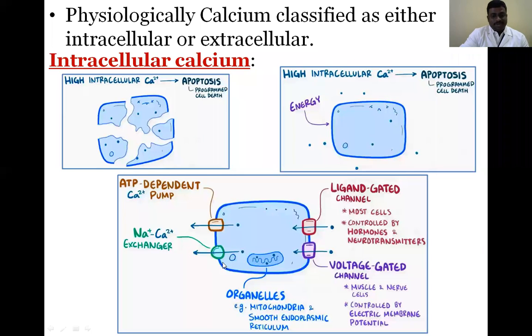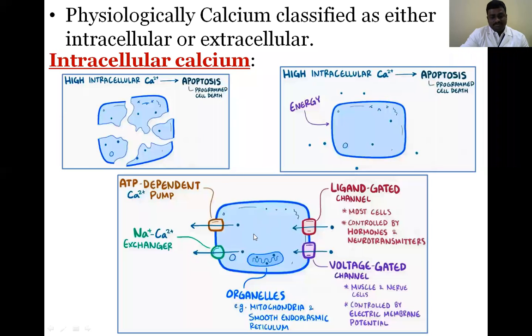Here it depends on two mechanisms: one is the ATP dependent pump, the other is the sodium calcium exchanger. When energy is available to a particular cell, through phosphorylation the intracellular calcium is moved to the extracellular space. Likewise, the sodium calcium exchanger is an antiporter. When sodium enters the cell, calcium comes from intracellular to extracellular.